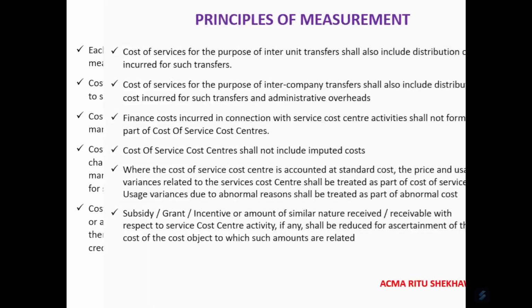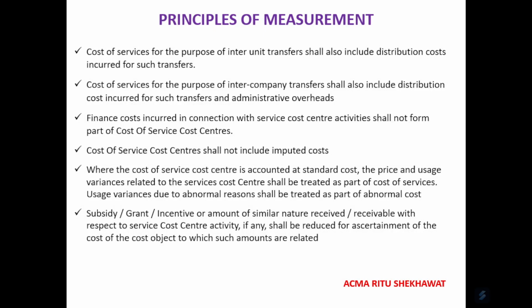Then the cost of services for inter-unit transfer shall include the direct cost incurred for such transfer. For inter-company transfer, from one place to another company, it should include distribution cost plus administration overheads. Finance cost is not part, imputed cost is not part.